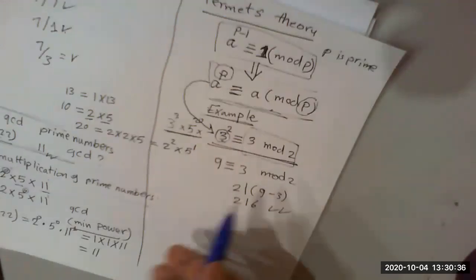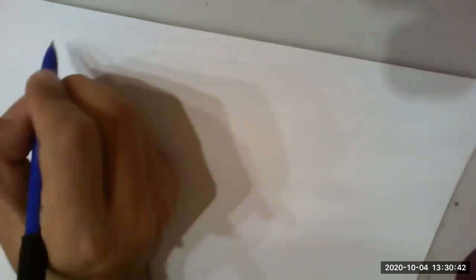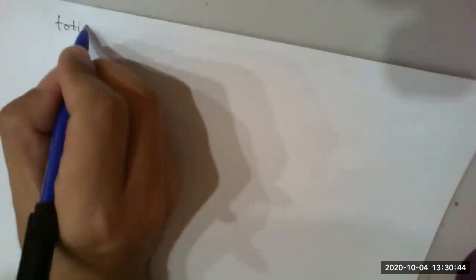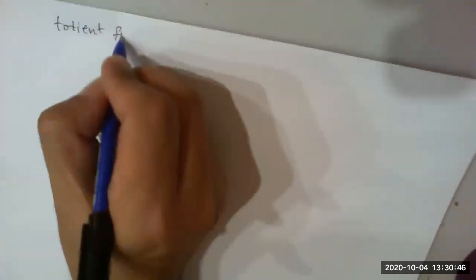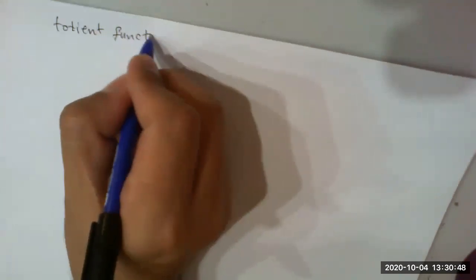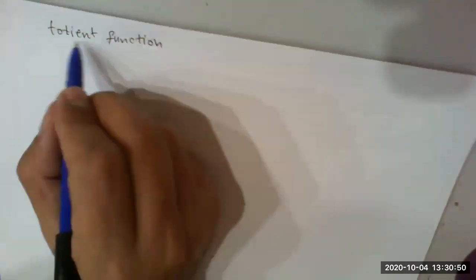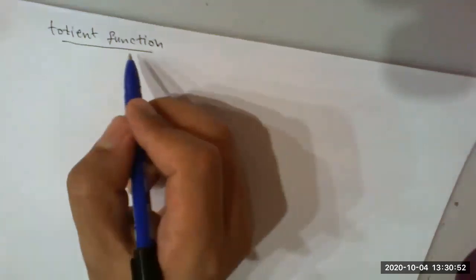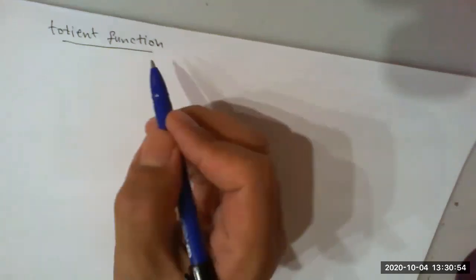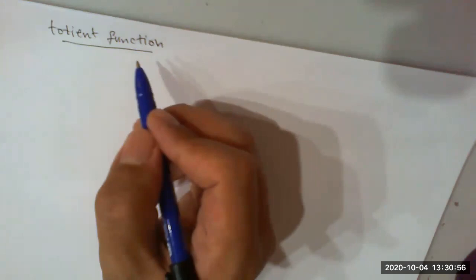Okay, let's move to a new topic, since there are many topics today: the totient function. The totient function is really easy. Number theory is easy. If you try it many times, you will find it very easy to understand.